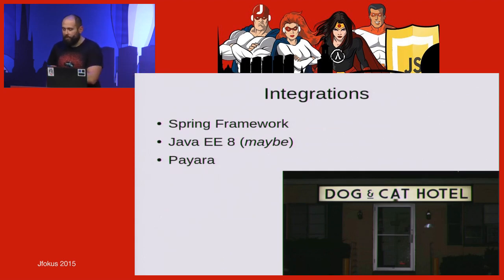Maybe you want to cache something else. So there are quite a few integration points, and to my knowledge, there is not much activity going on, unfortunately, right now when it comes to integration with Java EE 8. So please, if you want to see this nice stuff in Java EE 8, please tweet about it.